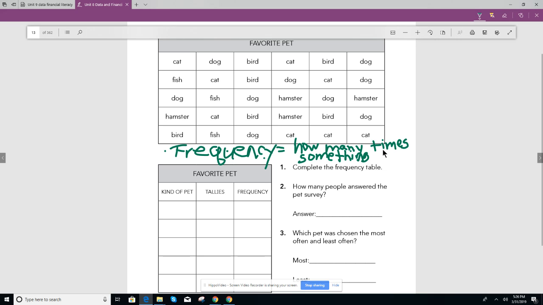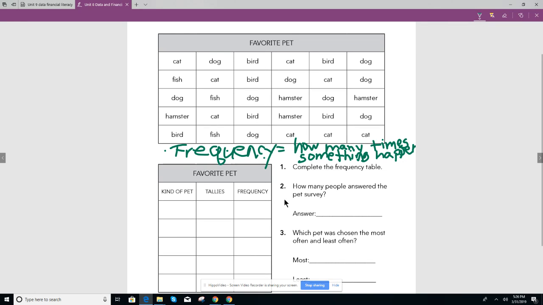All right, so what we have here at the top is some data. This was data taken on favorite pets. So I see that there are cats and dogs and birds and hamsters and fish. I'm going to transfer this information into this chart.